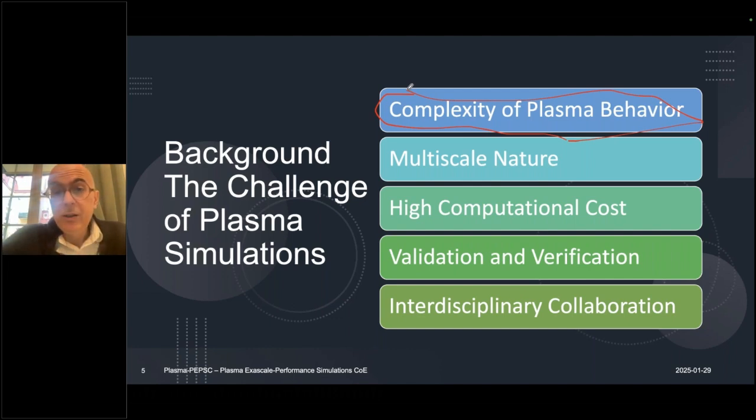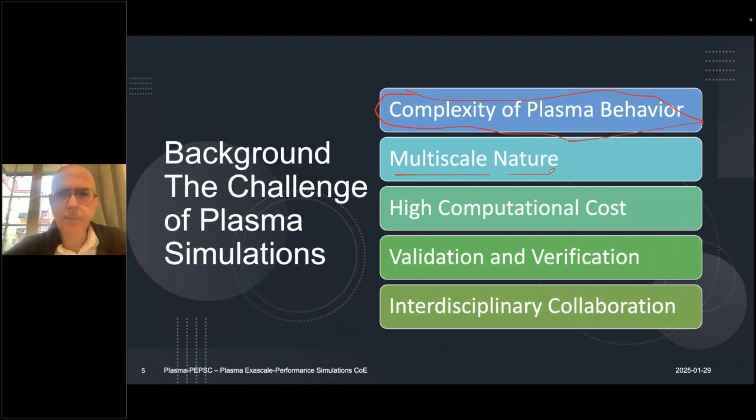So from a numerical point of view, you need to follow the dynamics of the electrons, but you're still very much interested in following the slow dynamics of the protons themselves. So you need to resolve the frequency of the electrons, which is very, very fast, but you are more interested in the global behavior of the system that is determined by the motion of the massive protons. That's one problem.